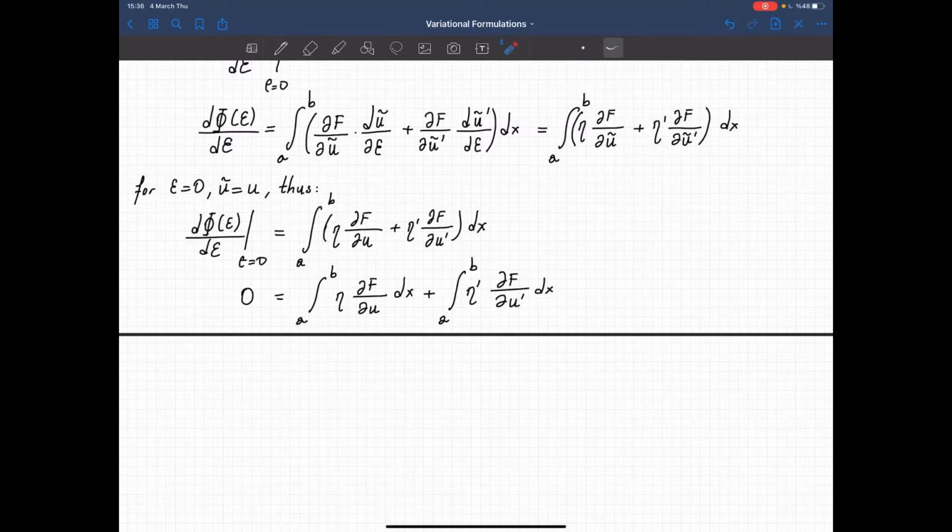So in this integral, I have nu prime and I want to get rid of it. I have to write this nu prime in terms of nu, so that's why I will be using integration by parts.